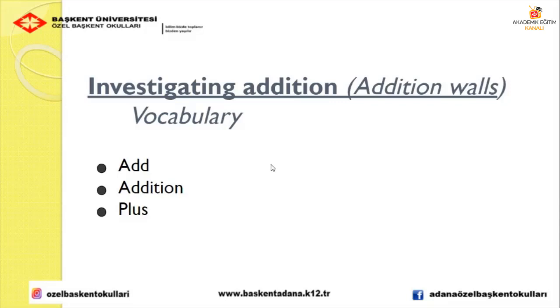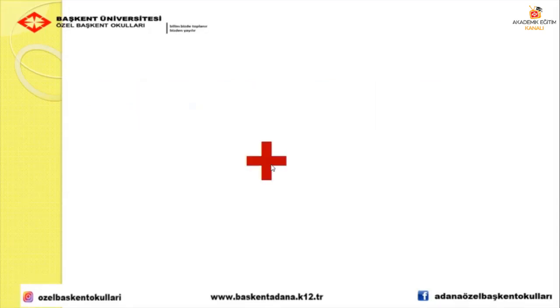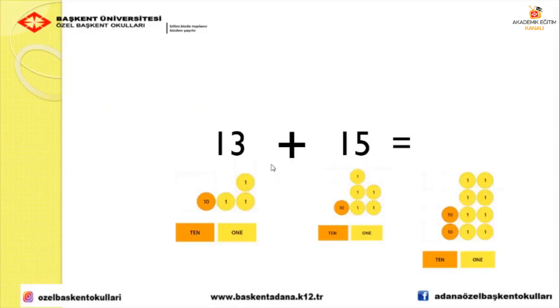Investigating addition. In this topic, the words you need to remember are add, addition, plus. This is a plus symbol. We can also call it add, and it will make an addition. Now, let's add up these two numbers, 13 plus 15.